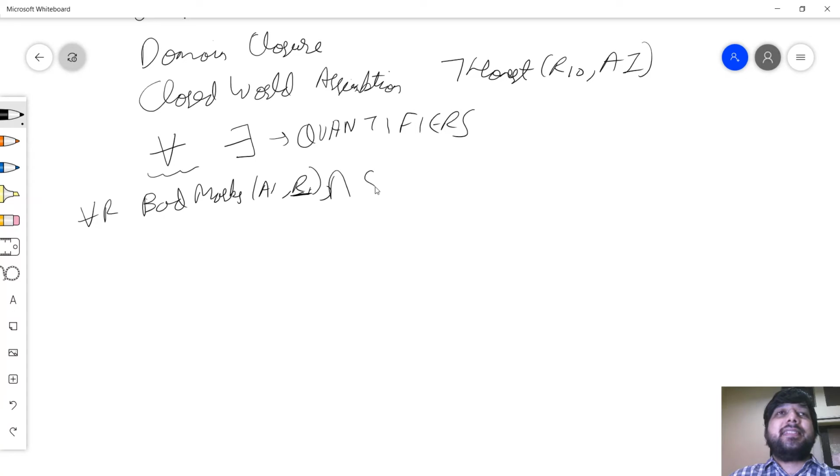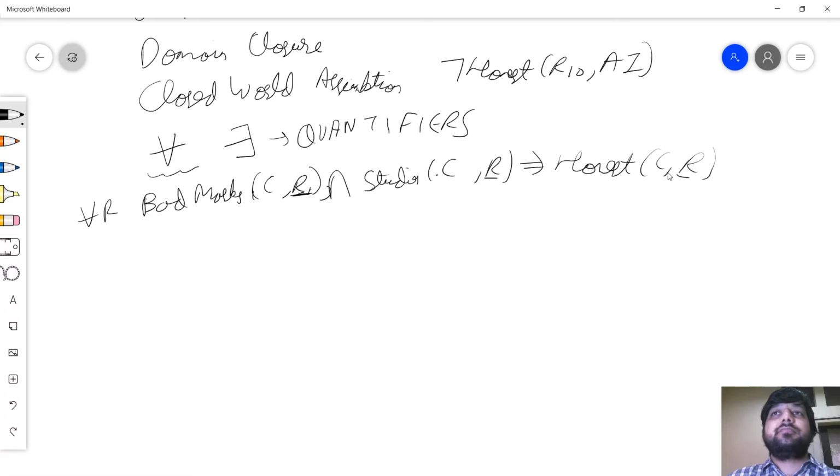and studies AI comma R implies... in fact, let's do it more generally. I generalize it to the course C. All these are variables, for all R and C. So now I can replace it with everything.